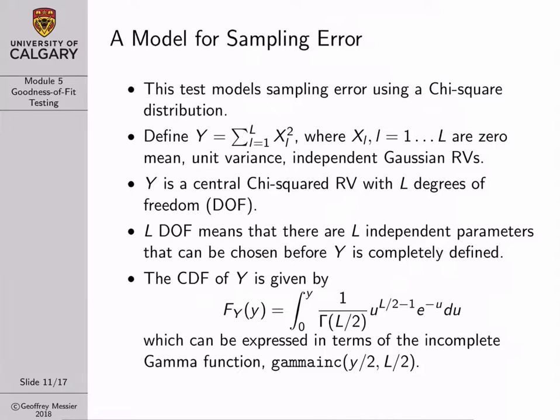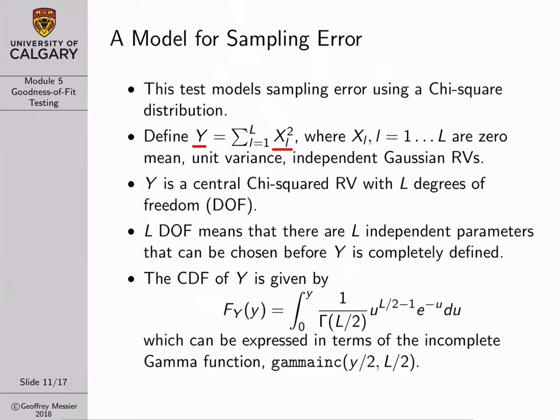Let's start by defining a random variable y that consists of a summation of L squared random variables, X_L, where each X_L represents a zero mean unit variance independent Gaussian random variable. So we're basically taking L zero mean Gaussian random variables, squaring them, and then adding them up.